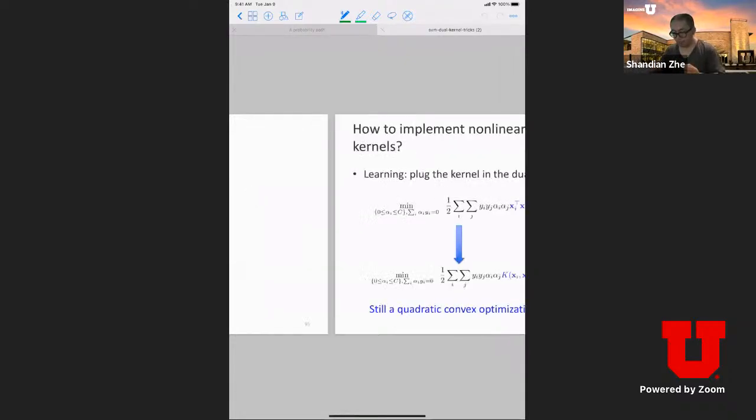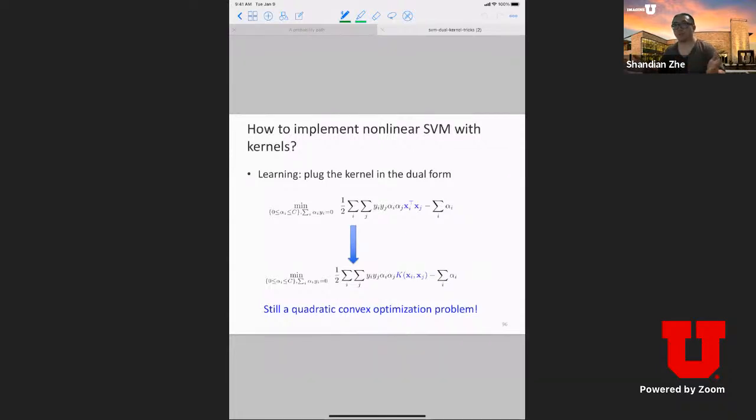It's actually really easy. Remember, this is our dual objective function, after some algebraic derivations. In the dual form, we need to calculate the inner product between every pair of the training inputs.